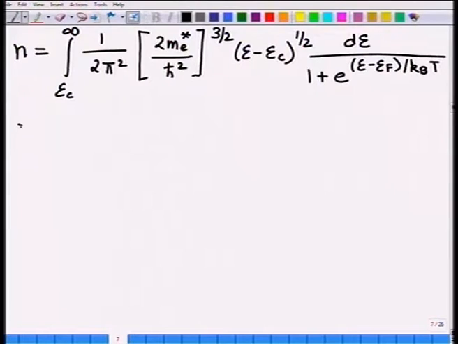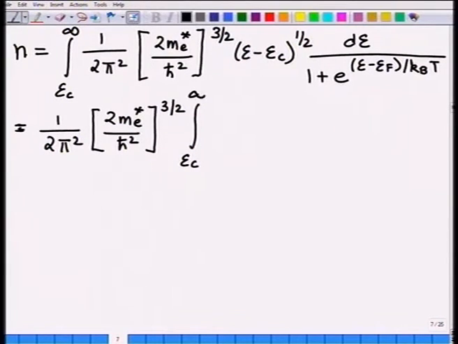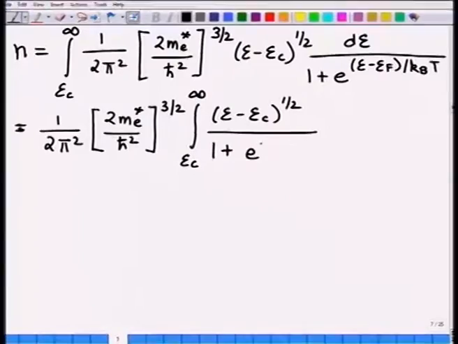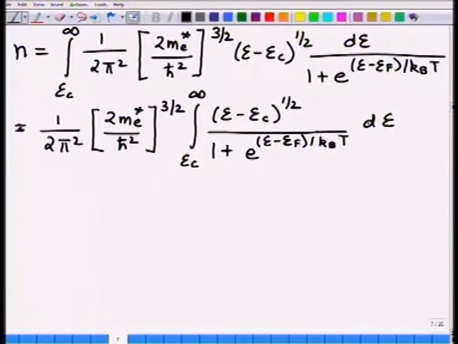Let us simplify: 1 by 2 pi squared (2 m_e star by h bar squared) to the power 3 by 2, integral from E_c to infinity of (E minus E_c) to the power half divided by 1 plus e to the power (E minus E_f) by k_BT, dE. There is no analytical solution for it.